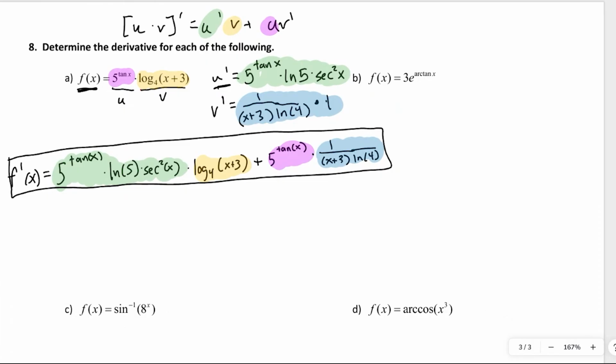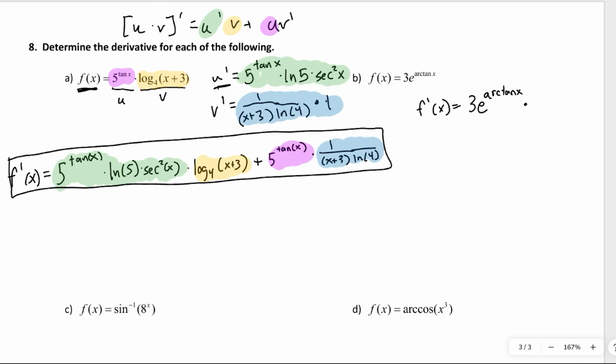All right, letter B. Here we're just going to use basic chain rule. This one's not going to be as crazy. So f prime is just going to be 3 times e to the arctan, okay, times the derivative of arctan. We would have a times natural log of the base here, but natural log of e is 1. So that's why we don't really need that.